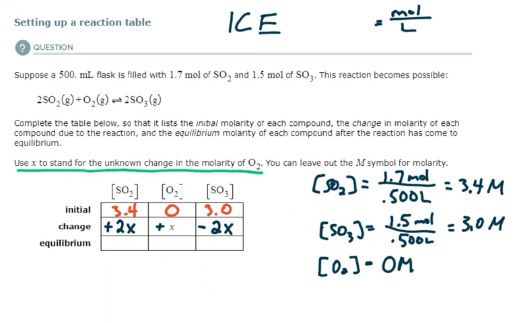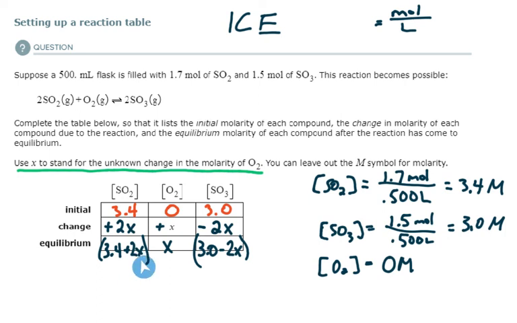So the equilibrium concentration of SO2 is equal to 3.4 plus 2x. The equilibrium concentration of O2 is going to be equal to, what's 0 plus x? X. What is 3 plus negative 2x? It's going to be 3 minus 2x.